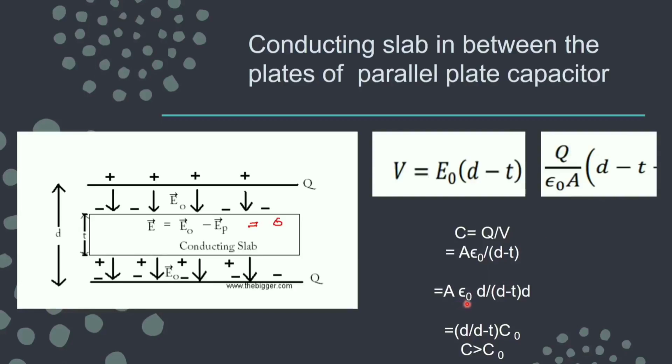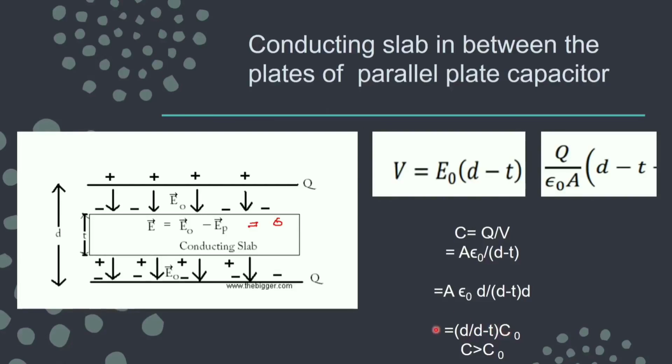And if you want to write it in terms of C naught, then you divide it by D and multiply it with D. So you are going to get this expression for the capacitance, which is D upon D minus T into C naught. So this D upon a factor less than D is of course going to be greater than 1.